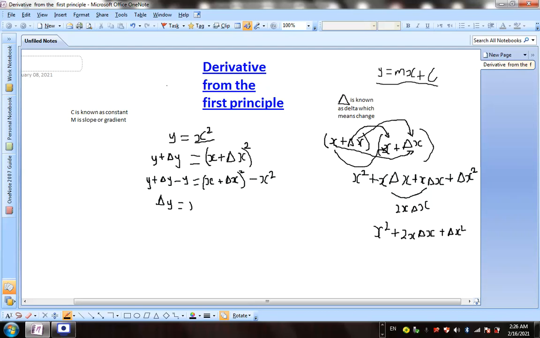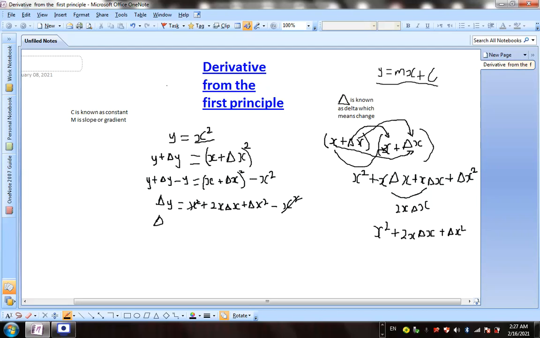So here we have x squared plus 2x dx plus dx squared minus x squared. Now x squared cancels out.